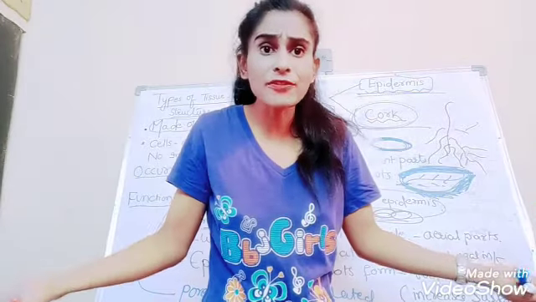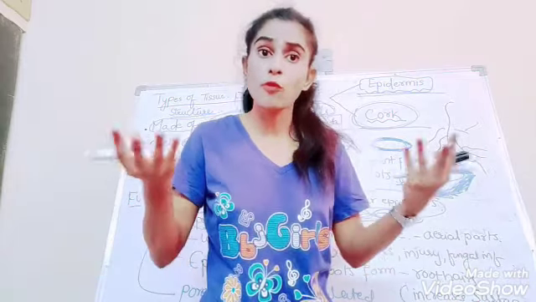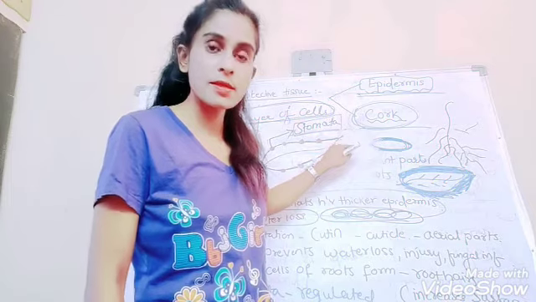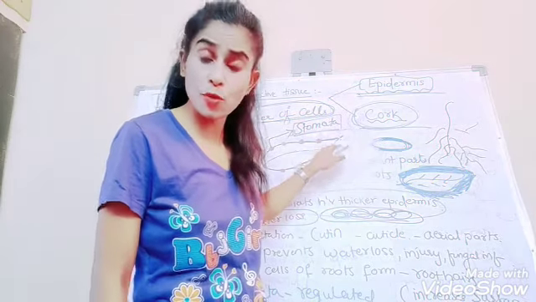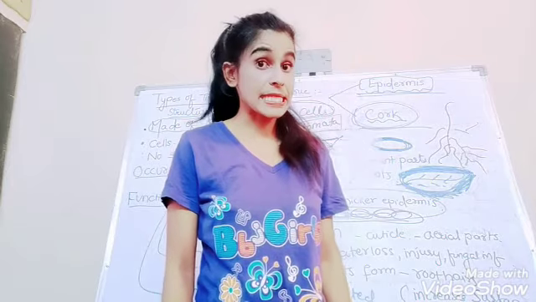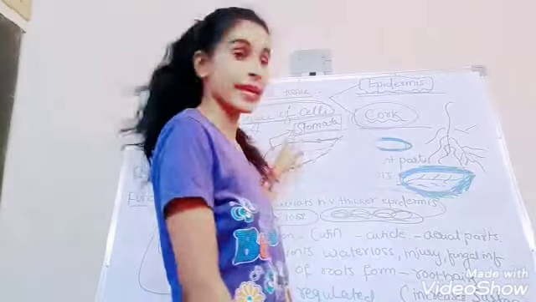Then how will the plant undergo its process? How will the plant prepare its food? If all the water gets lost through stomata, how will the plant undergo its process? That's why a watchman is made there.